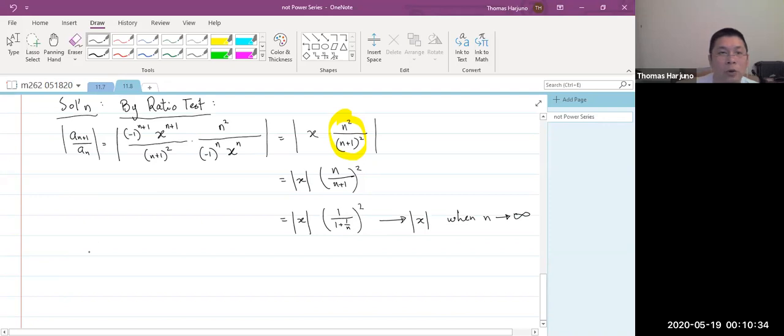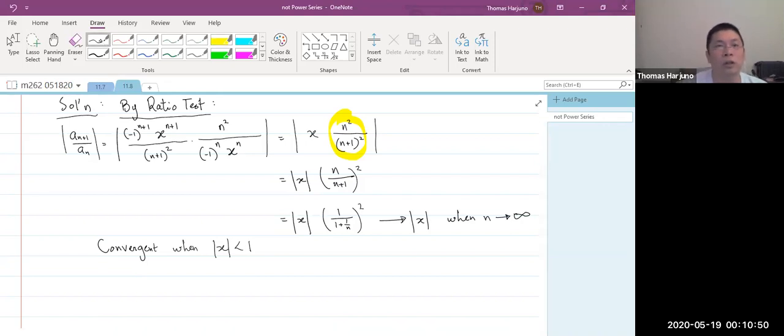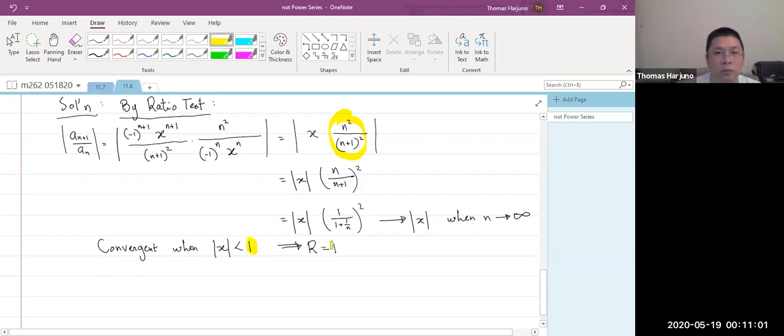So the series is convergent when absolute of x is less than 1. Therefore, we say the radius of convergence is equal to 1. Notice that this is a series centered at 0, so you want this to be absolute of x minus 0.